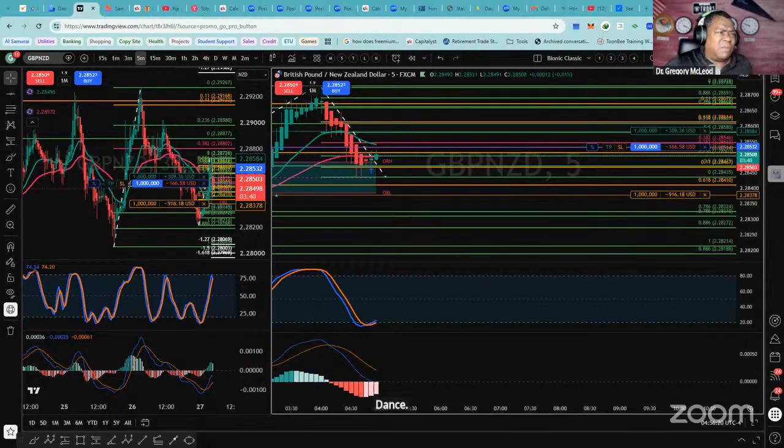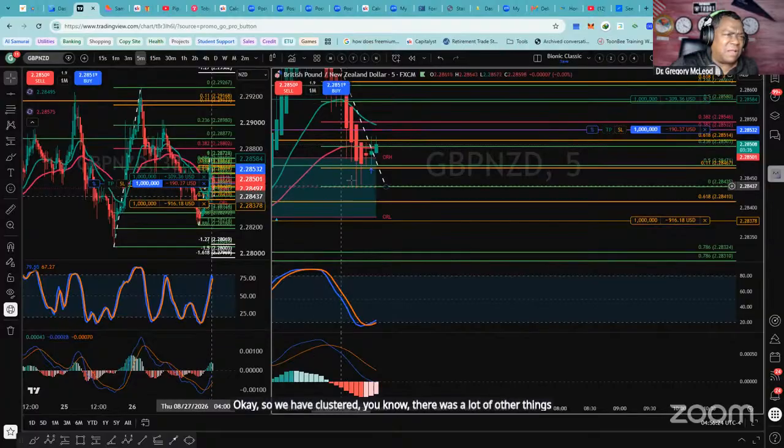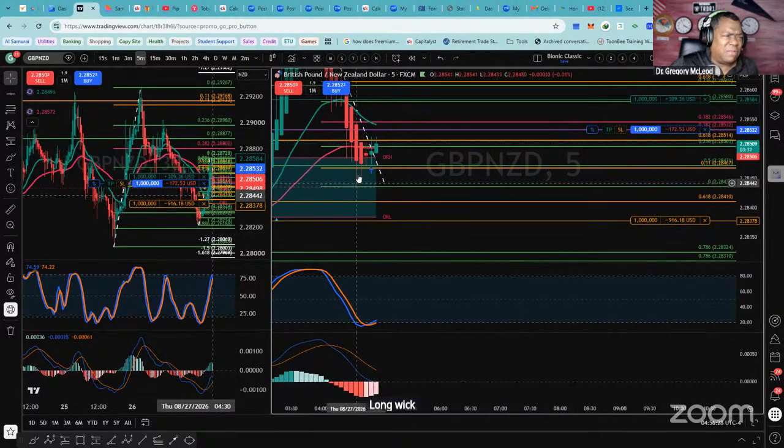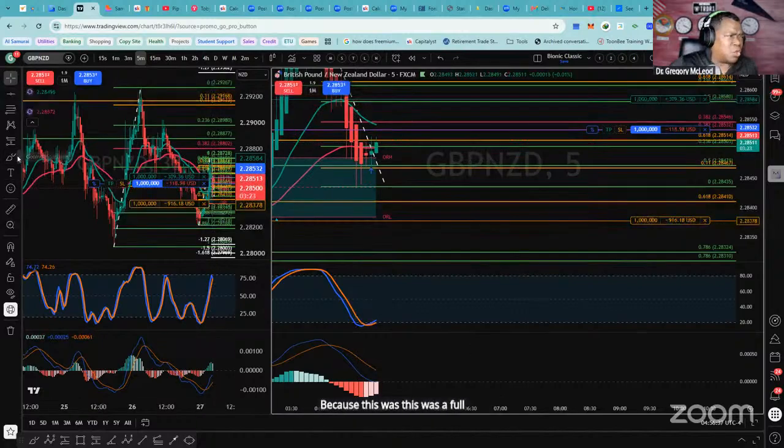Okay. So there's a lot of other things going on here. We've got a cluster of long wick candles. Usually long wick bearish candles are bullish because this was a full body bearish push lower, right?